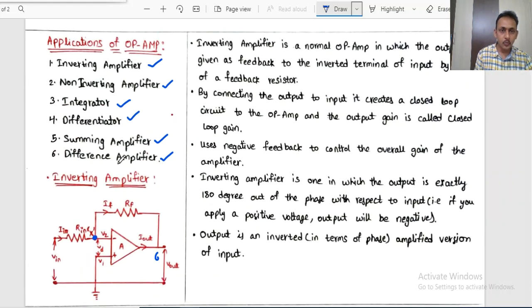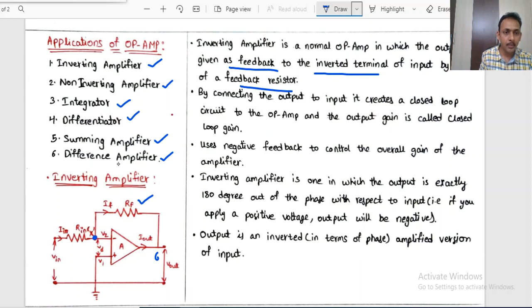Coming to the inverting amplifier, this is nothing but a normal op-amp in which the output is given as feedback to the inverting terminal of the input with the help of a feedback resistor. This is very important. At the output we have taken one more resistor, the feedback resistor RF, which is connected to the inverting terminal of the op-amp.